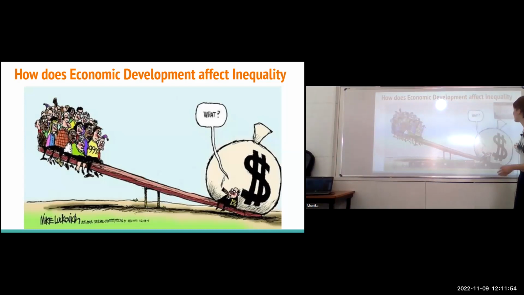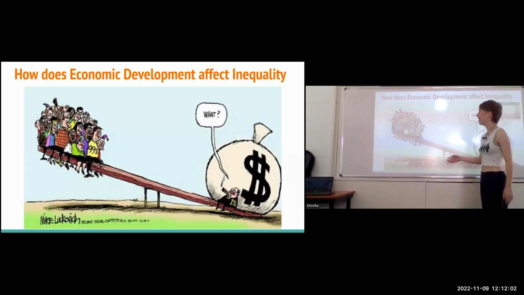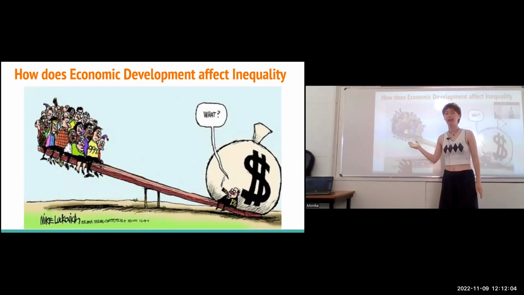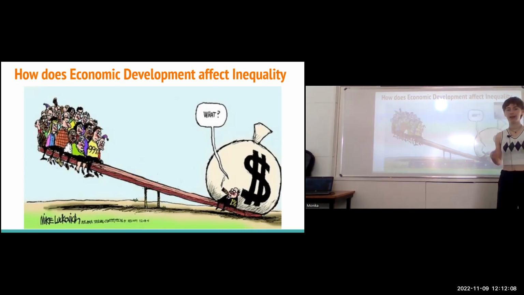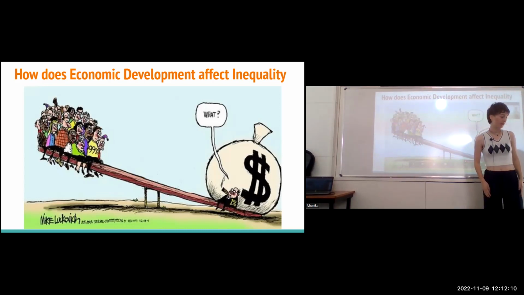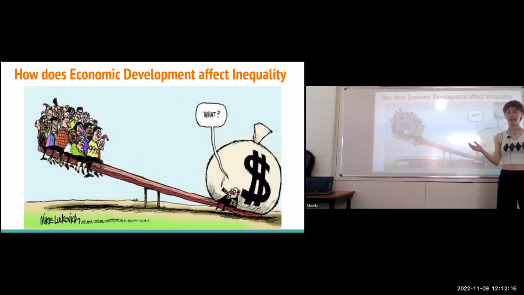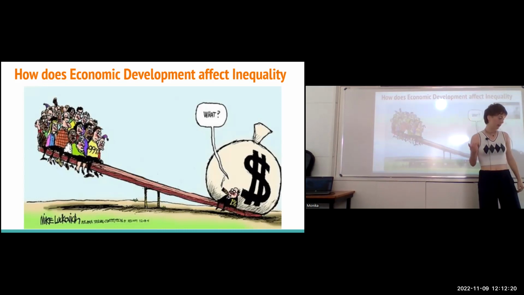Yes, as we can see in this picture, since we live in a capitalist world, mostly old white men have all the money, and a lot of the rest of the population is put into unequal situations. So, therefore, it can be claimed that economic development leads to inequalities.